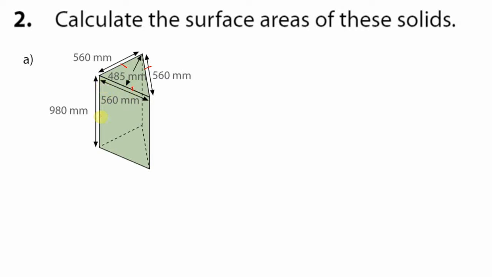So therefore, the rectangles that connect the sides of the triangles will all be the same, have the same area. So we will have to calculate the area of the triangle, multiply by 2, calculate the area of one lateral face and multiply by 3, as there are 3 of them. As a triangle has 3 sides, therefore the 2 triangles need to be connected by 3 rectangular faces.